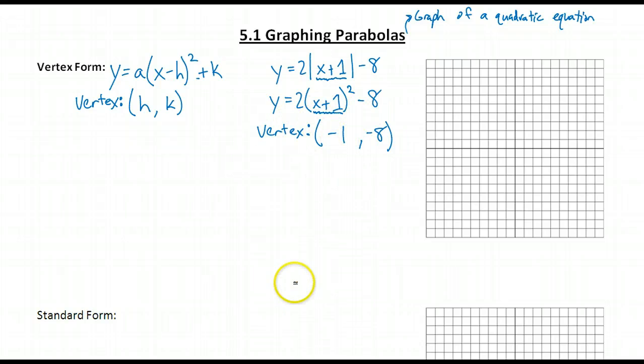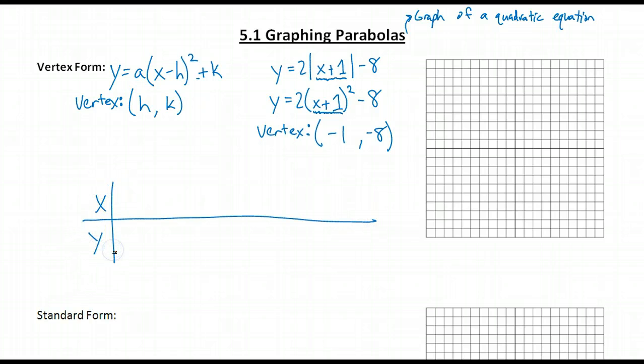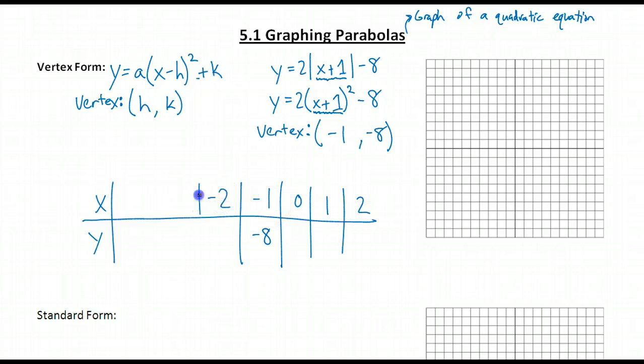Once we know the vertex of our parabola, we want to create a table centered at that vertex. So I'm going to make the middle number -8, and then I'm going to go 3 numbers bigger than -1 and 3 numbers smaller than -1.